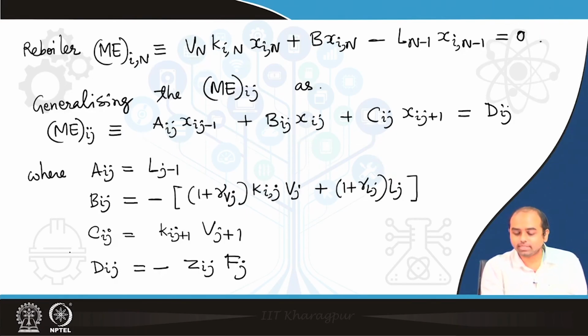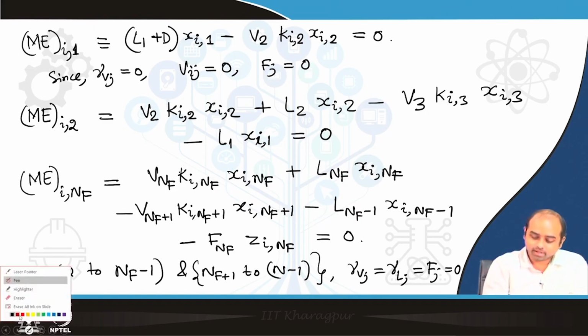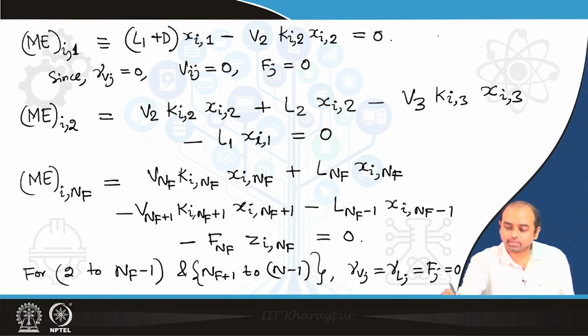If you recall here, for the stage, for tray 1, you will find that there are no x0 components, right? So if I write down the individual coefficients, I will see that my b1 is equal to L1 plus D, isn't it?